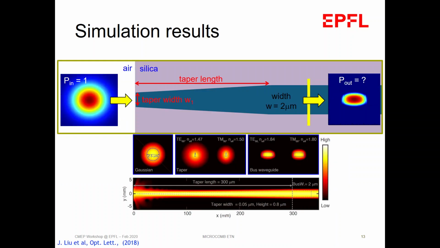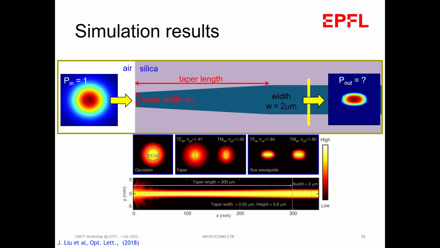I think in the result I showed at the end, you can already see how the light propagates from the source, which has a mode field diameter of 2.5 micron, to the bus waveguide, which has a width of 2 micron. The initial taper width here is approximately 100 nanometer.